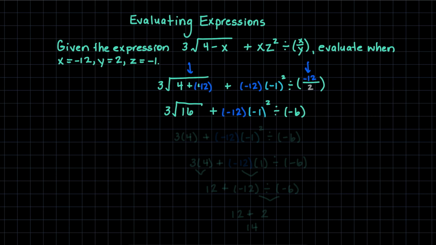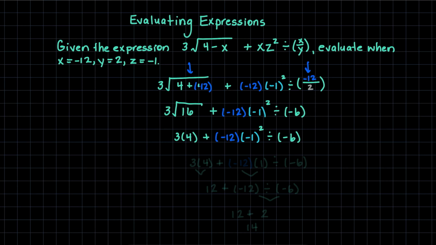Finish up this grouping. Square root of 16 is 4. -1 squared divided by -6.